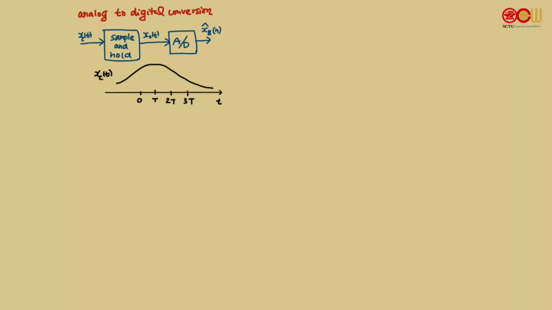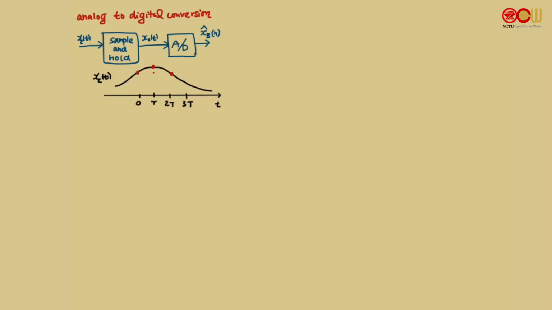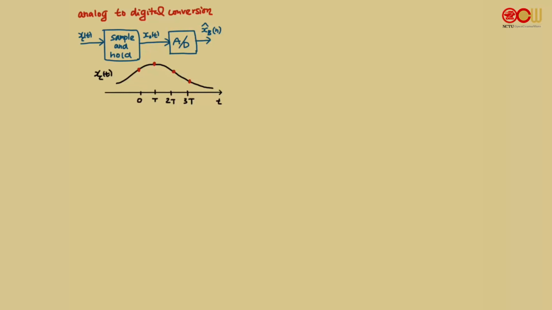Suppose this is xc(t), and this is 0, T, 2T, 3T. What the sample and hold does is to sample the value of xc, sample these values and hold it. So here's the output x0 of the sample and hold.